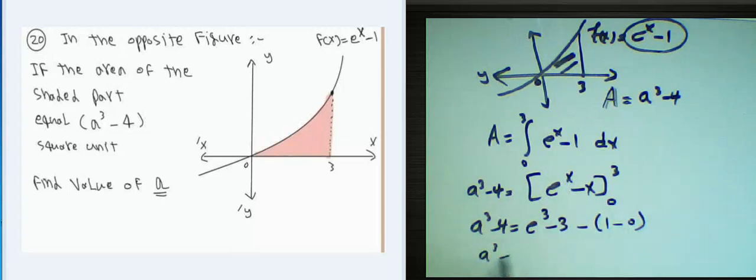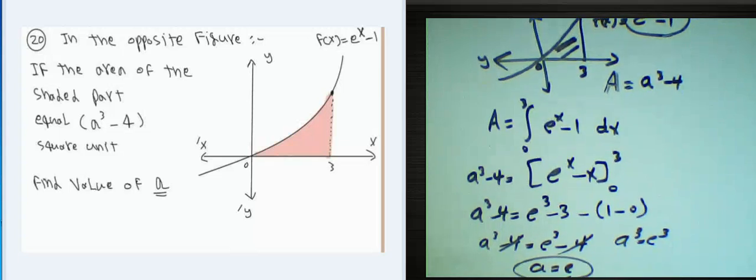Then e power 3 minus 4 equals e power 3 minus 4. You can cancel them. Then e power 3 equals e power 3, then a will be equal to e. Choose the letter: a equals e. The result is that the constant equals e.